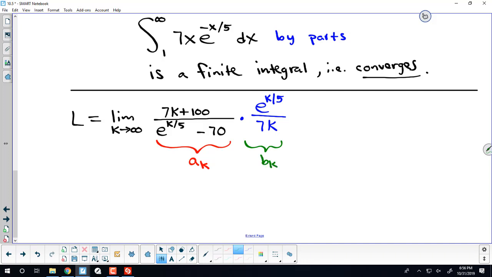Okay, so what is that limit going to give us? 1. Yeah, the leading term up top is 7k e to the k over 5. The leading term on the bottom is also 7k e to the k over 5. So the limit is 1, which means that both of those series, A and B, do the same thing, and we've determined that B converges, so A has to converge as well.